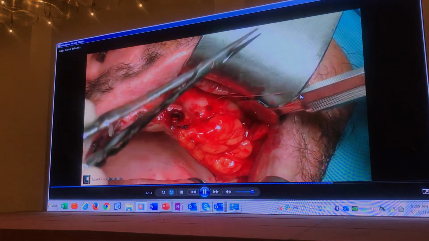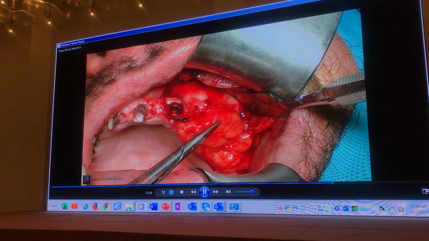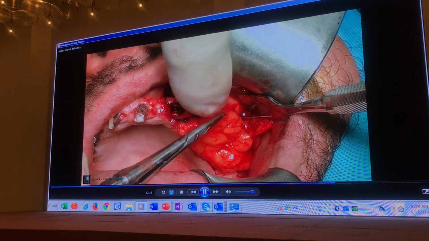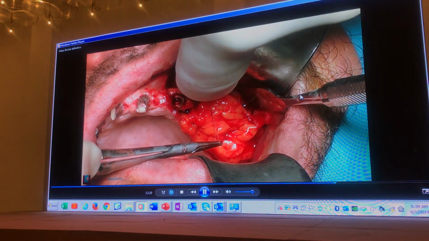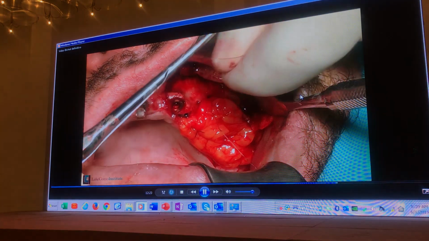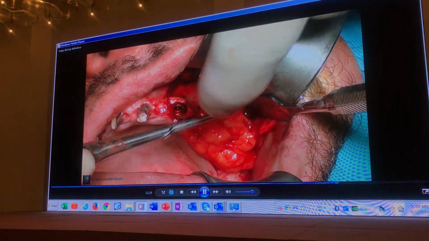There's no periosteum to suture to, so make a hole at the bone and suture it directly to the bone.